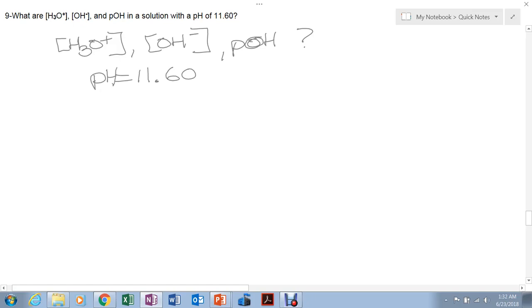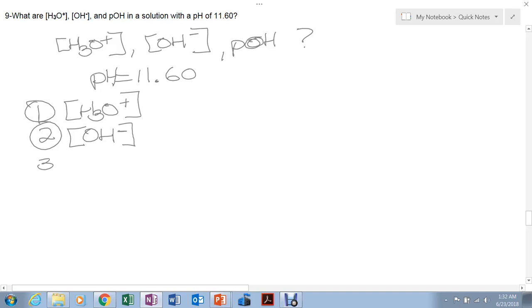And by the way, this is pH. So we have to do now the opposite. I'll give you the steps. First, find H3O plus. Second, find the concentration of hydroxide, OH negative. And third, find the pOH.